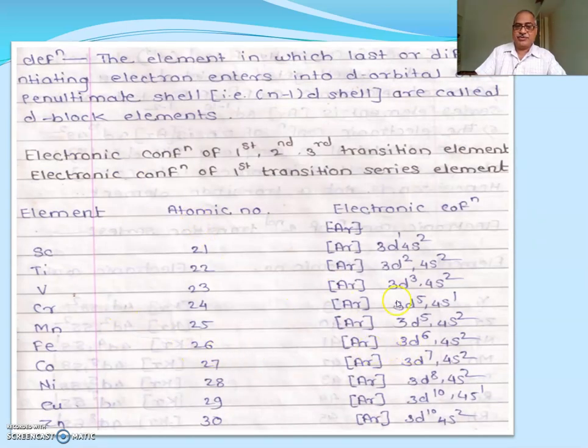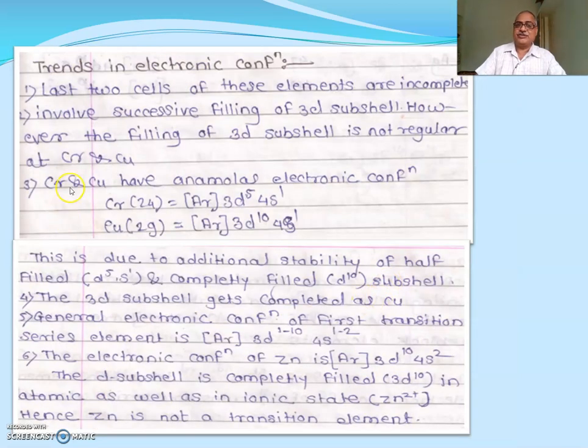You have seen here, for chromium, 3d5 4s1, and in the case of copper, 3d10 4s1. This is the anomalous behavior, and this is due to the additional stability of half-filled d5 s1 orbitals and the completely filled 3d subshell, and then the 3d subshell gets completed in copper.